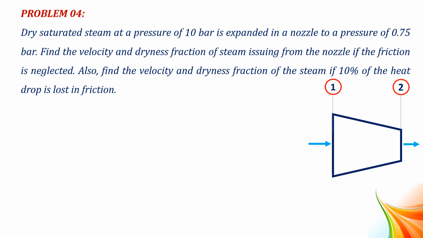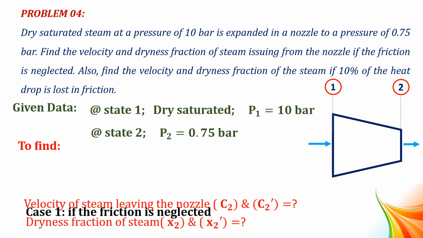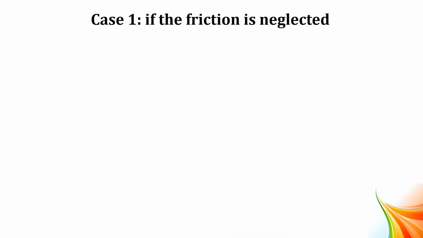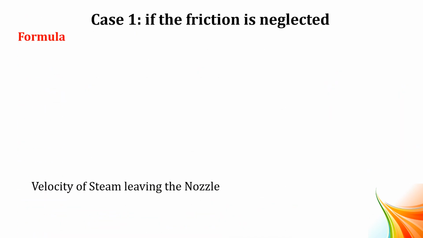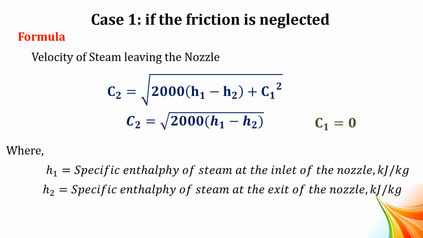Now we are going to do the same problem by means of steam tables. Look at this, the same thing. The first case is friction neglected. The same formula, C2 equals square root of 2000 into heat drop plus C1 square. If C1 equals 0, the formula becomes simplified: 2000 into H1 minus H2.